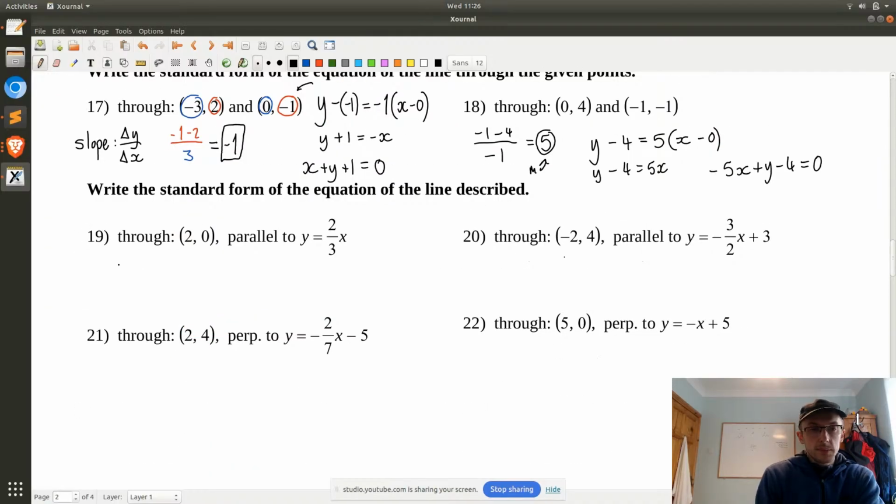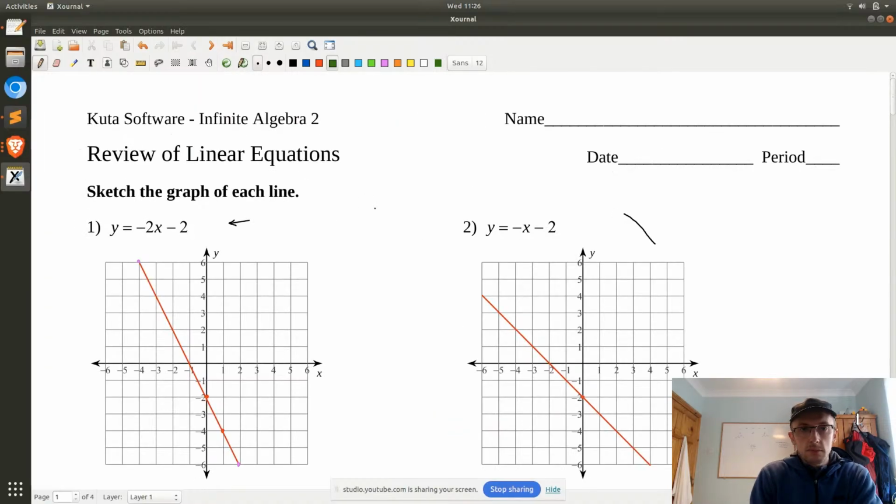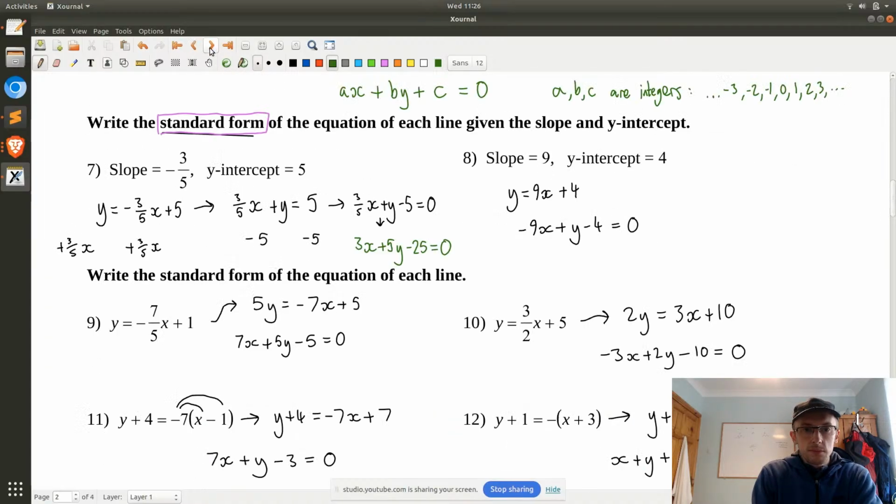Okay, so we're going to use that thing from earlier that I showed you, y minus y1 equals m times x minus x1. Go down here.